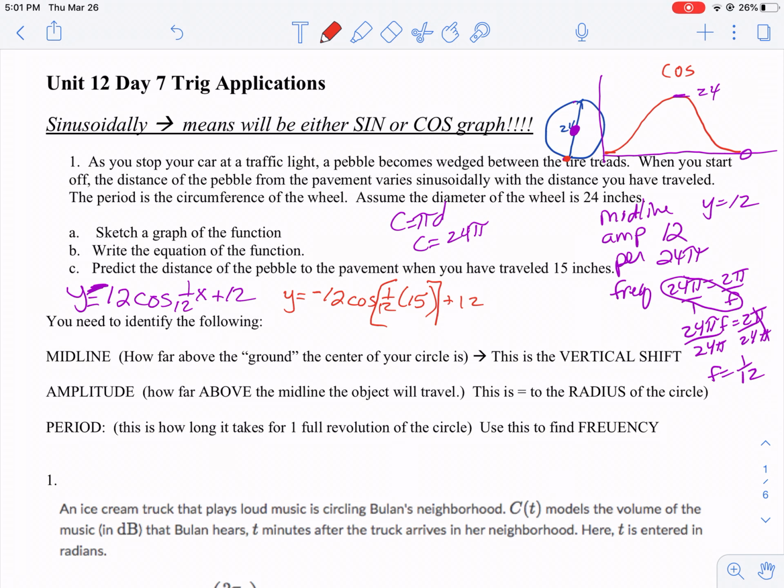The 1/12 times the 15 should be in its own set of parentheses because you have to multiply those together first before you take the cosine of it.